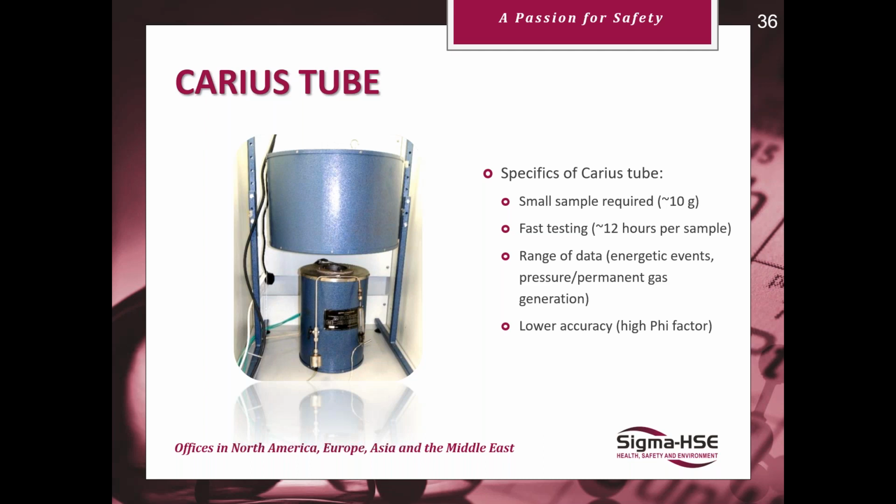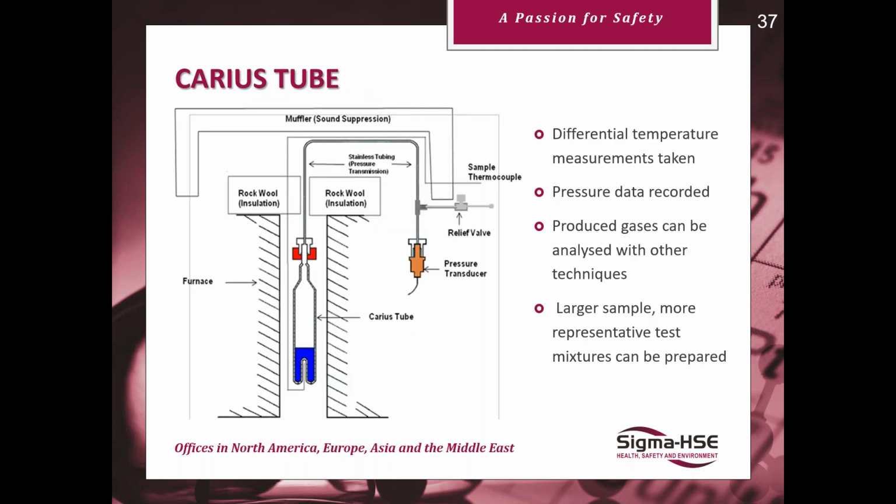So the next step up, next one on Carius tube. The differential temperature measurements are taken against the oven temperature and the sample. You've got the pressure data recorded. Also, any gases that are produced can be analyzed in line to tell you exactly what the nature of the gases is, which can be quite useful for certain processes.